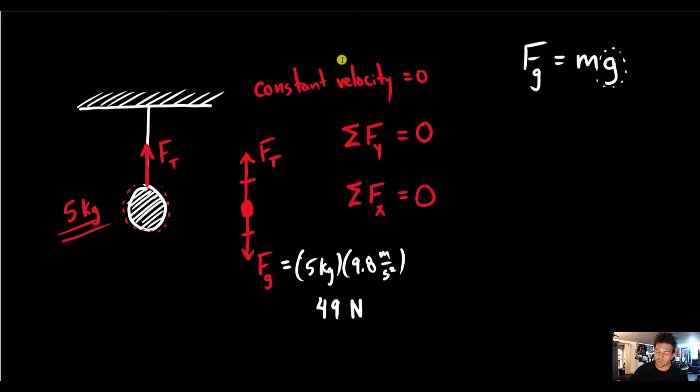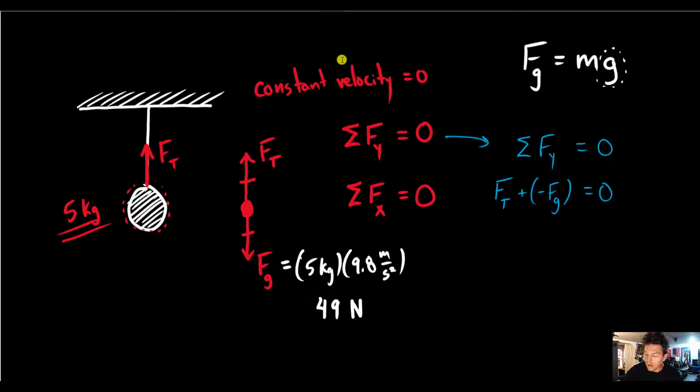Okay, so when I set this up in the y direction, the net force in the y direction is equal to 0. Well, now I can actually put in the forces. Going up, I have the force of tension plus the negative force of gravity because it's going down, and that's equal to 0.